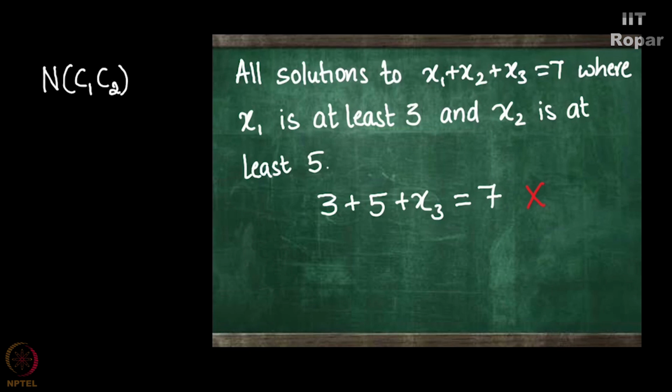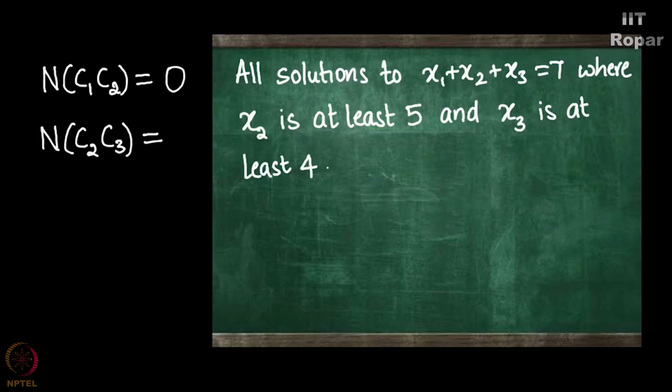It is not going to happen here. And hence, n of C1, C2 is 0. Now, C2, C3 is x2 at least 5, x3 at least 4. Even if you substitute x2 as 5 and x3 as 4, the sum is 9. You cannot proceed ahead and hence n of C2, C3 is 0.